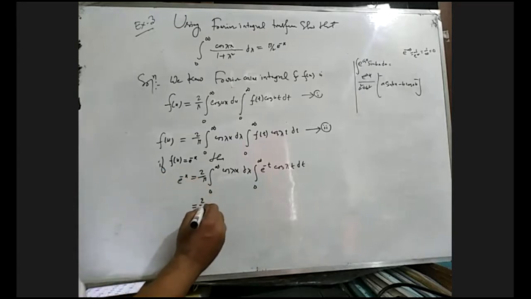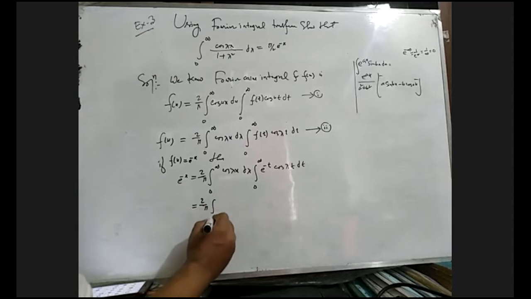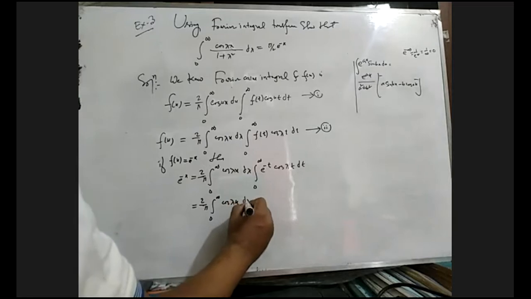This equals to 2 by pi integral 0 to infinity cos lambda x d lambda.